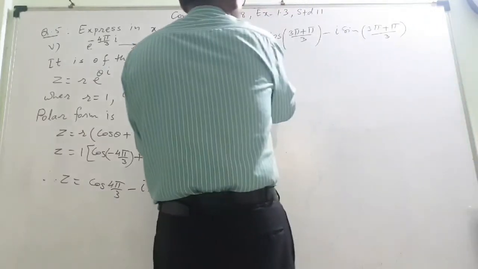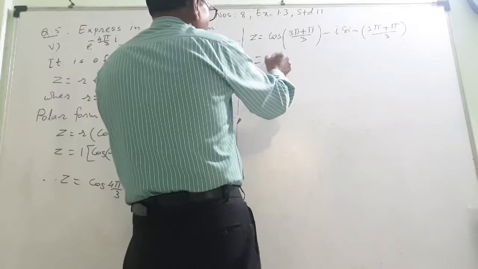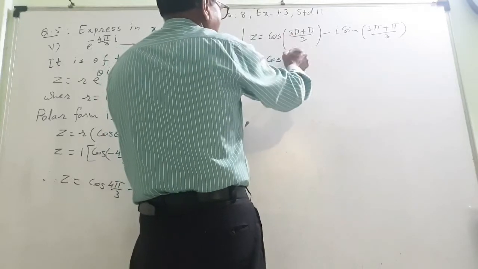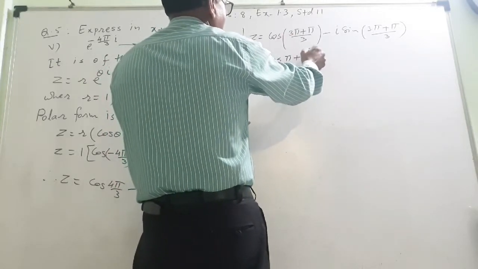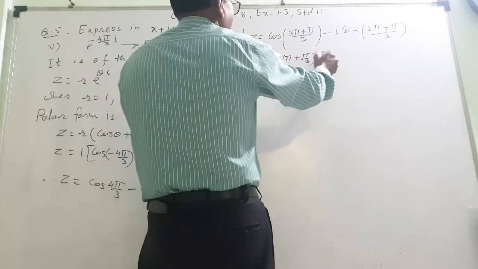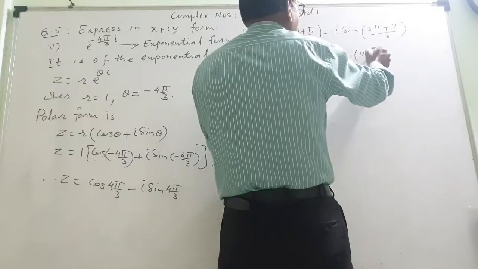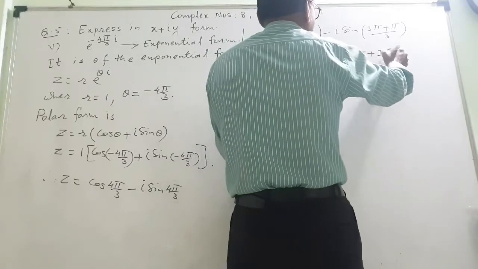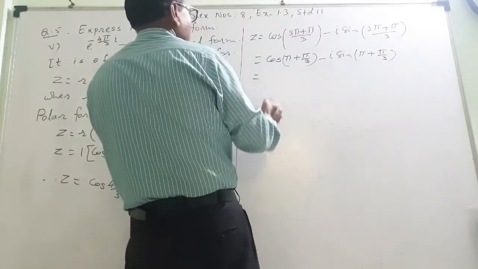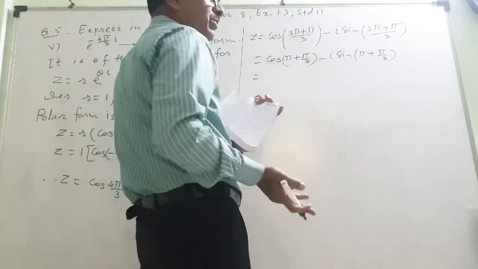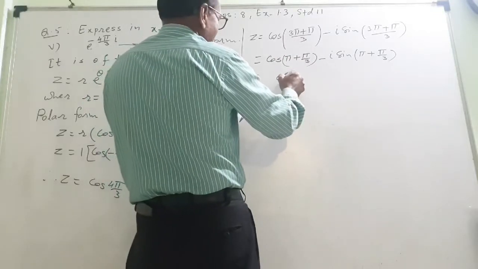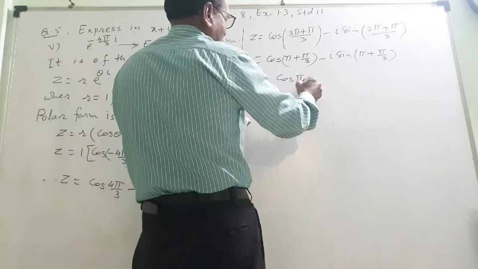So that is equal to cos of pi plus pi by 3 minus i sin of pi plus pi by 3. Now in pi, whatever we do, the ratio remains the same, so that will remain cos of pi by 3.